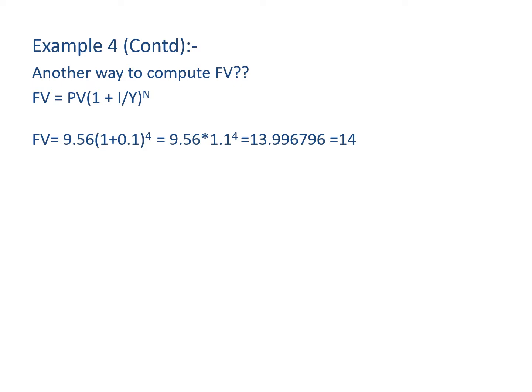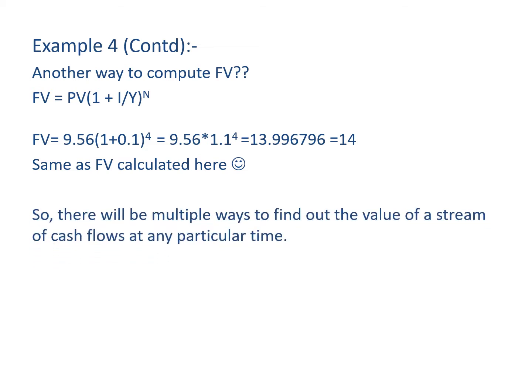So here FV is equal to 9.56 multiplied by 1 plus 0.1 to the power 4, that is equal to 9.56 into 1.1 to the power 4, which comes out to be 14, same as the future value we calculated here. The point to note here is that there will be multiple ways to find out the value of a stream of cash flows at any particular time.